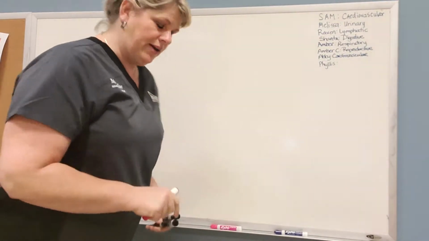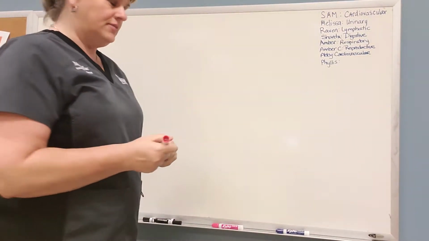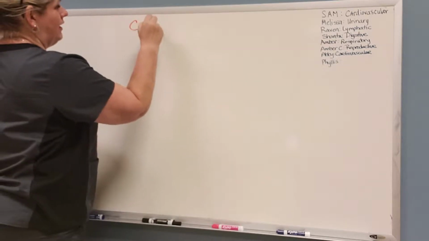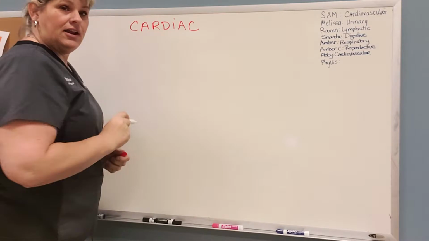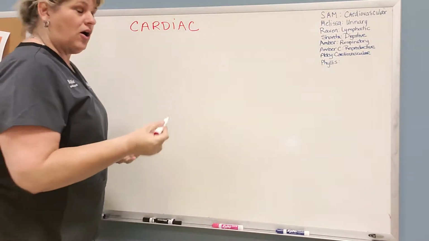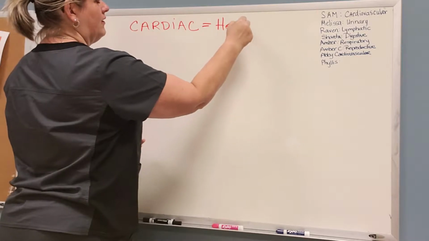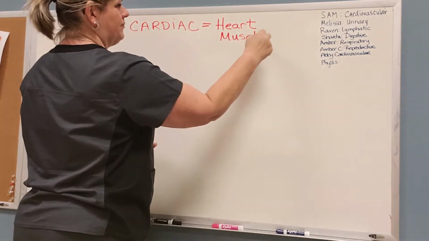Okay, take one. So everybody knows that the heart is a muscle, okay? Anytime you see the word cardiac, it always refers to heart. And we know that the heart is a muscle.